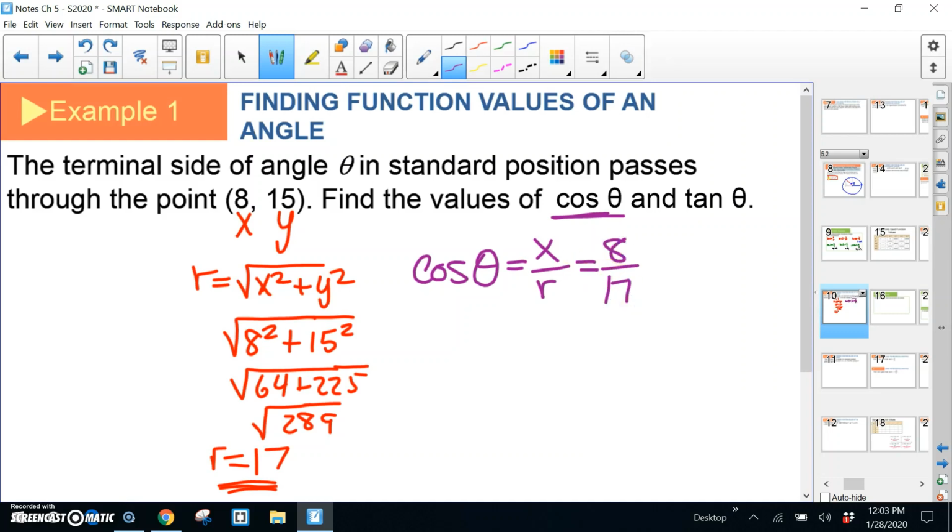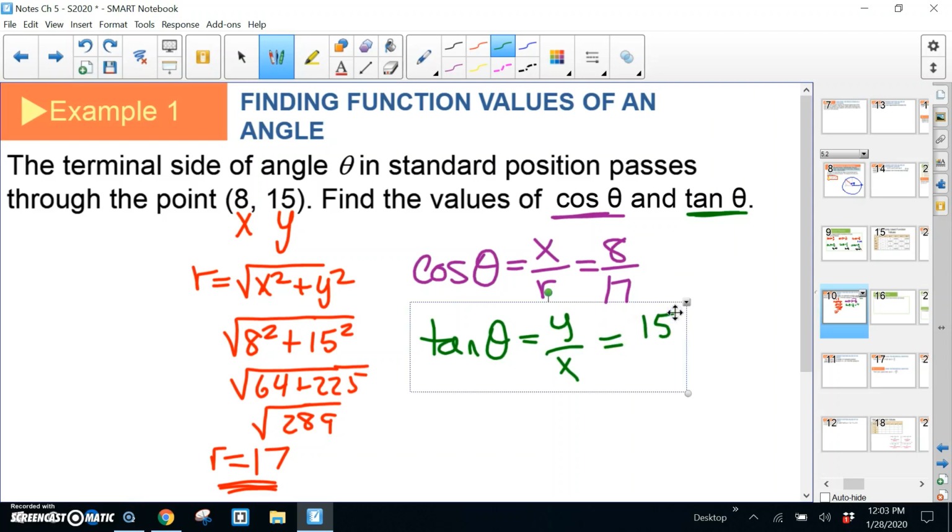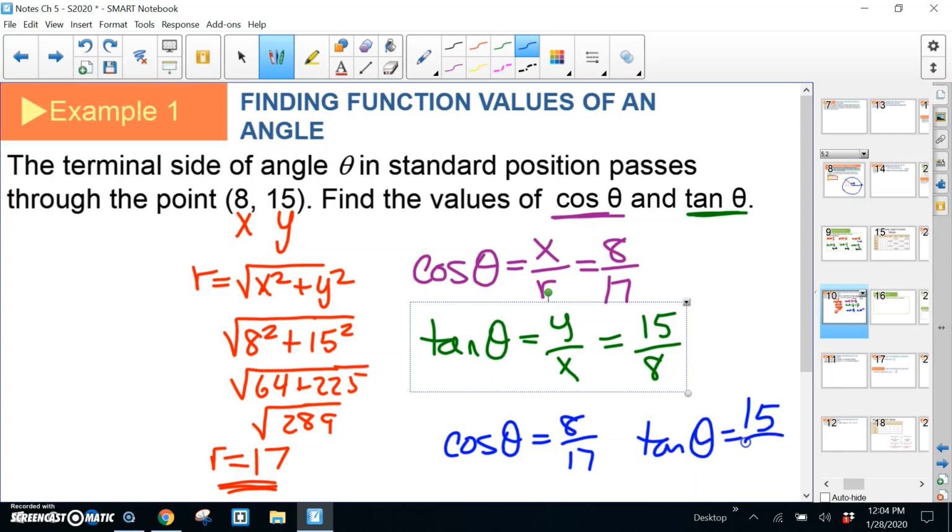So that's it. Cosine theta equals 8 over 17. If you look at tangent theta, we know tangent theta is the ratio y over x. So the y number we see is 15 and the x number is 8. That's all we needed. Cosine theta is 8 over 17. Tangent theta equals 15 over 8.